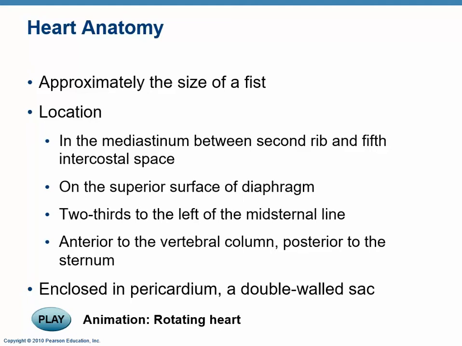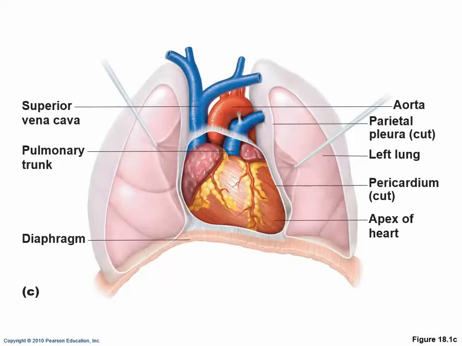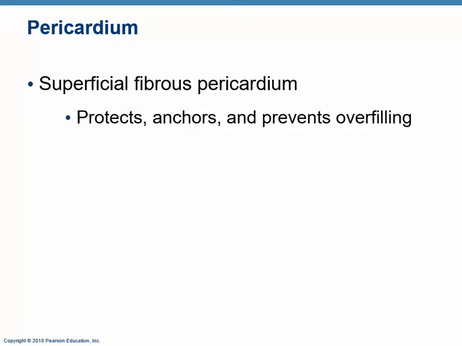It's surrounded by a bag, like a lot of organs. That's called the pericardium, which means around the heart. The pericardium is a double-walled sac. It has a dense connective tissue sac that protects the heart, anchors it, and prevents it from overfilling.